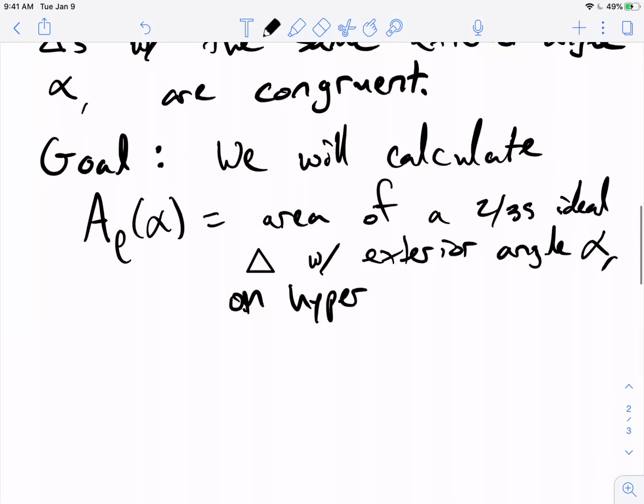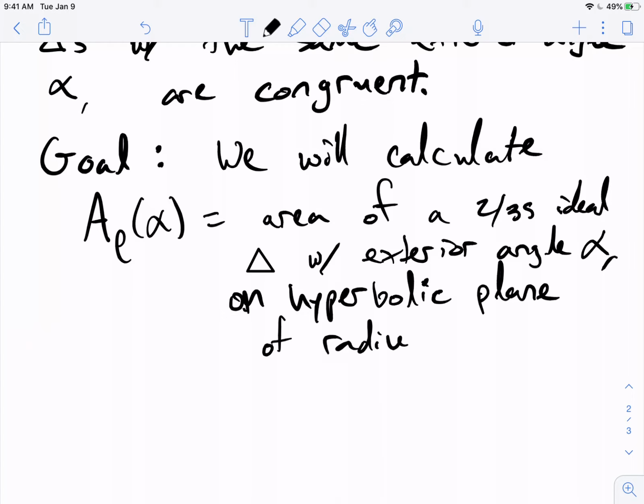And remember, for the hyperbolic plane, there's many depending on the radius. So this is on the hyperbolic plane of radius rho. Okay, so our goal is to find this number.